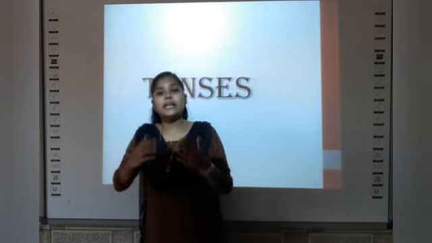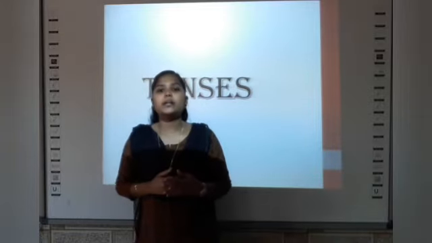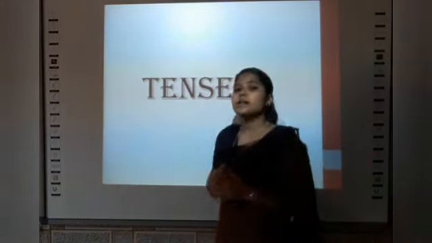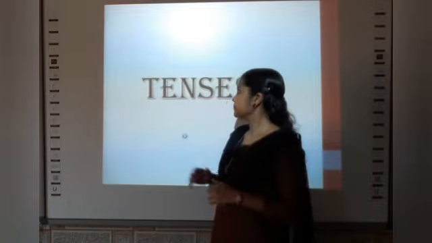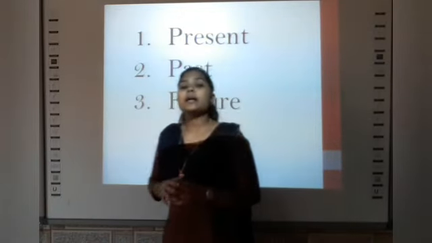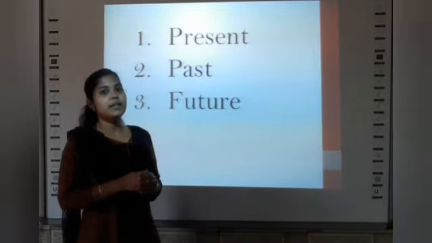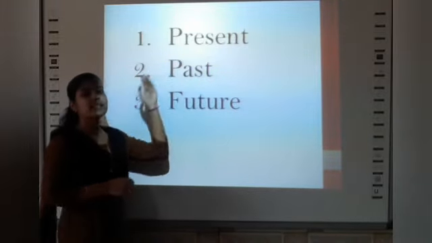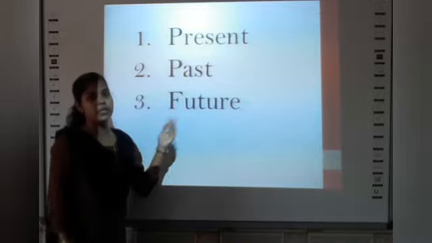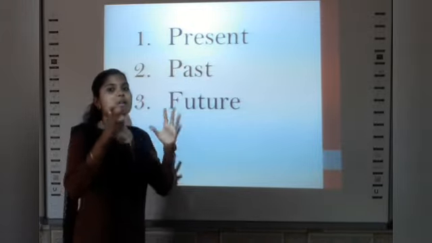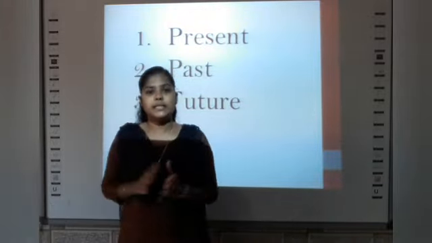So in this class, already I have told you that we are going to learn something about tenses. There are three forms or three kinds of tenses in English. They are present tense, past tense and future tense. Consider ourselves, that is 2020.